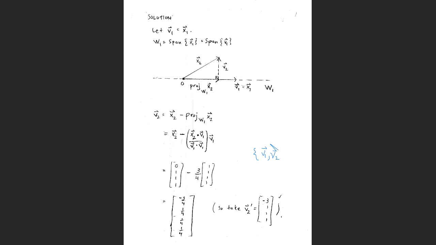I want to get away from the x's and work with the v's. So I have v1 and v2 prime, and now I'm looking for the third vector. Okay, v1, v2 prime, what would the third vector be?